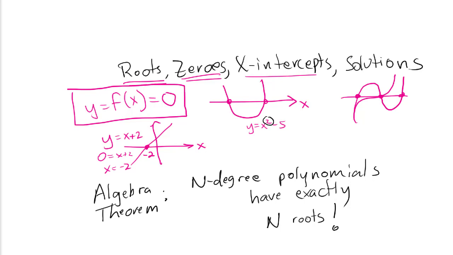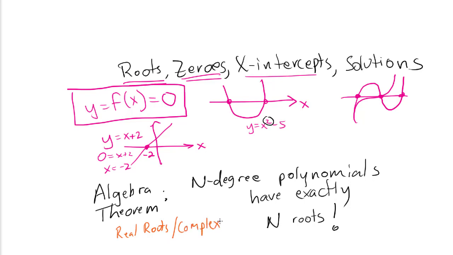Now you might step back and say, wait, I know a little bit about quadratics already. Sometimes I have 0 intersections or just 1 intersection with the x-axis. That's true. The fundamental theorem of algebra does not differentiate between real roots, which are actual intersections of the graph and the x-axis, and the possibility of imaginary or complex roots.